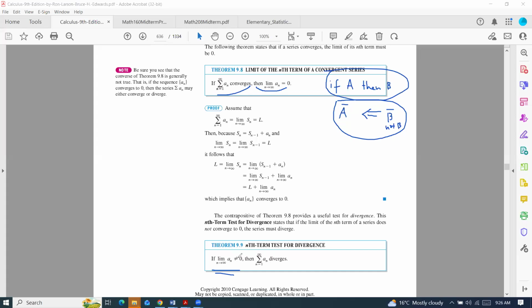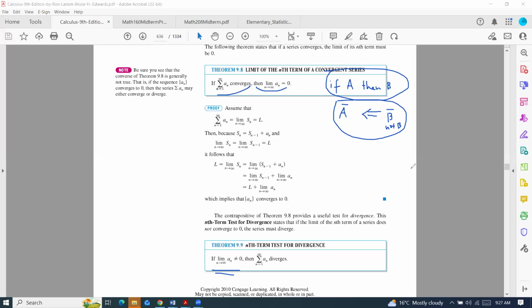Whenever we do proofs by contrapositive argument, it all goes into the structure that I try to put here as a little picture. So this is the contrapositive statement, and that's what we use for testing divergence.